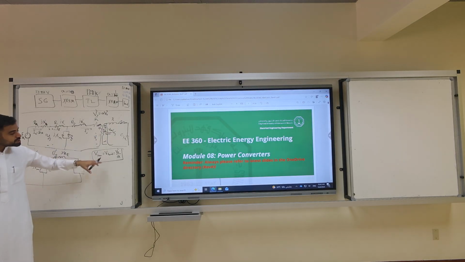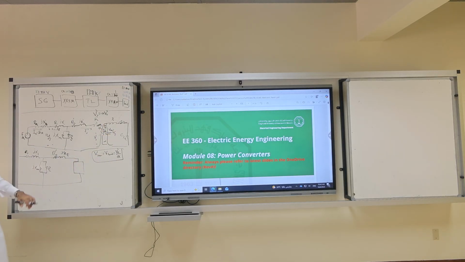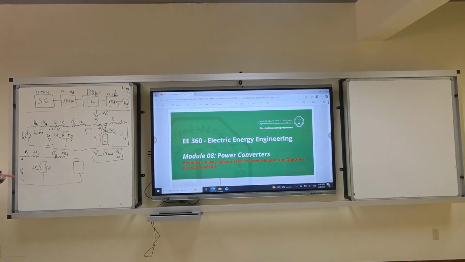So you do the calculation and you put it as the input of the next stage. Then you go here. What is the input for this transformer? VR. After you calculate the pi model, which will be the input of the step-down transformer, where we have here equal to VP. Here we have VS prime of this transformer. You connect it to the load.